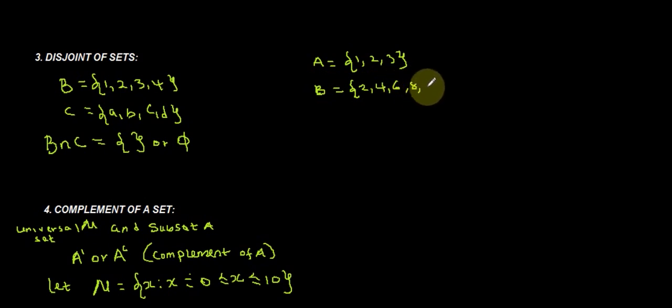This is a set of even numbers. Now we are asked to find one, A prime, which is A complement. We are asked to find B complement also.